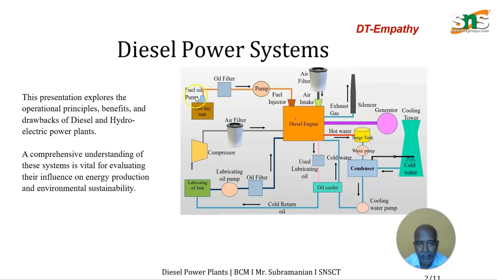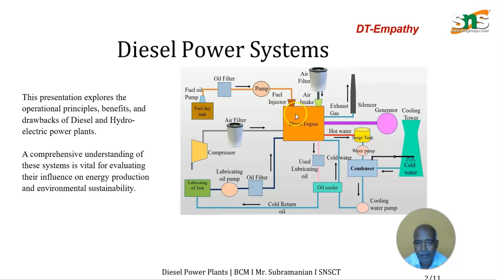Here, first the fuel oil is pumped through the oil filter, filtering out the foreign particles, and through the pump the fuel is pumped, and the fuel injector injects the diesel into the diesel engine itself. At the same time, compressed air enters through the air filter into the engine.